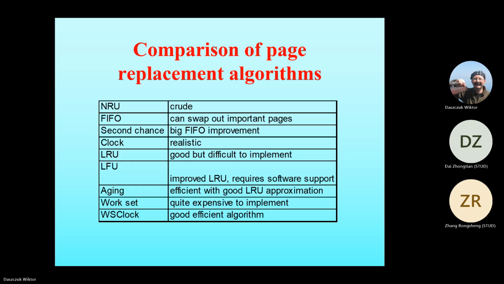Is big FIFO improvement better than quite expensive or worse? I think it is a good example of how an engineer should not compare entities, because I cannot draw any conclusion from this table.